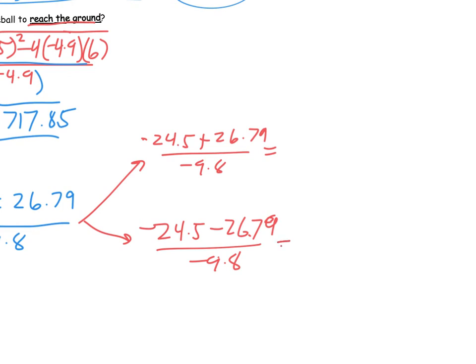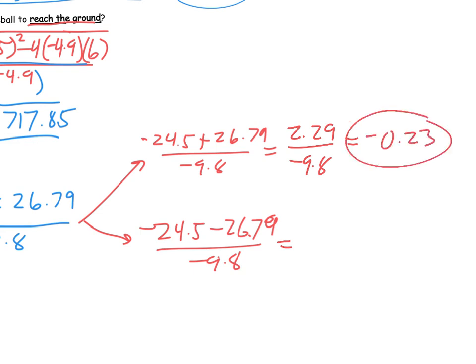Okay, and these are where we're going to get my two answers. I get 2.29 over negative 9.8, which is negative 0.23. That answer I don't want because it's negative.